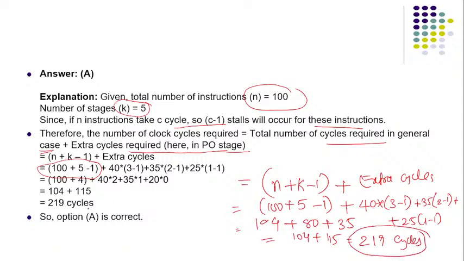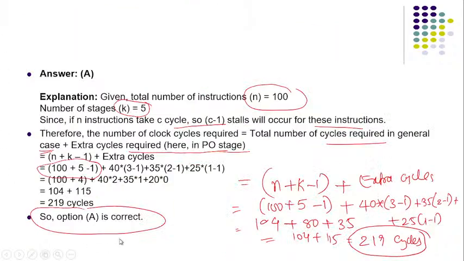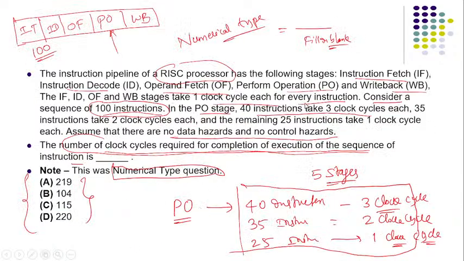So you will get such types of problems. Actually here they have given the options, but in the examination you won't get them. You have to type the answer directly, as 219 cycles. It means that for 100 instructions, as per the given problem statement, 219 clock cycles are needed to execute 100 instructions with these changes.